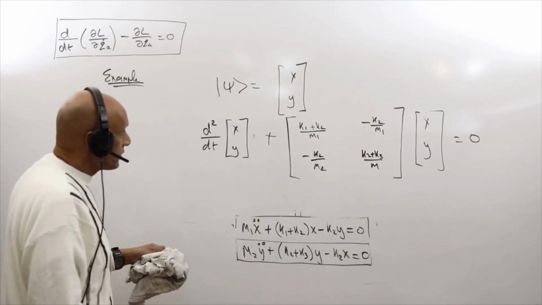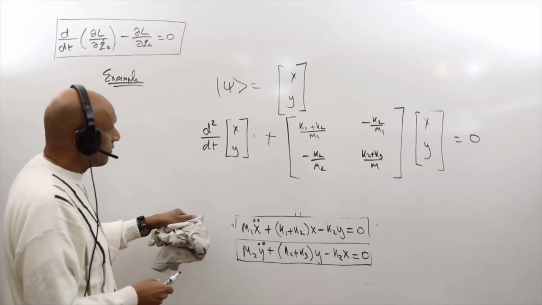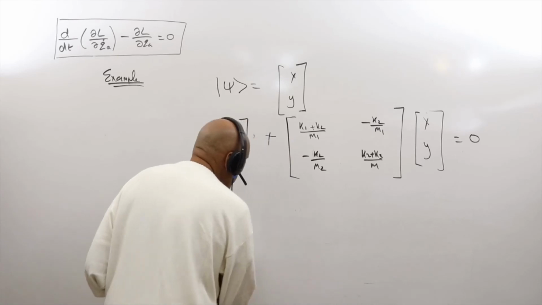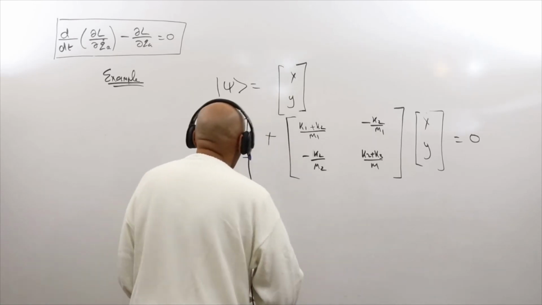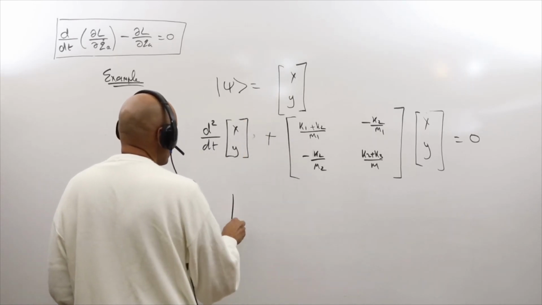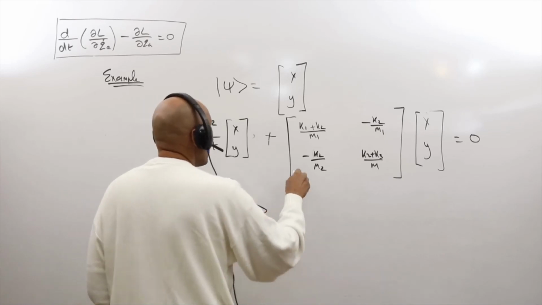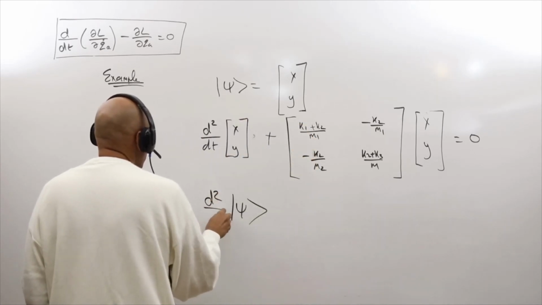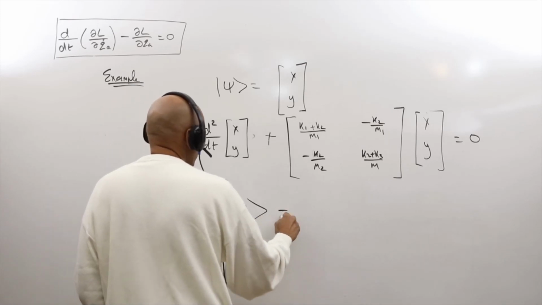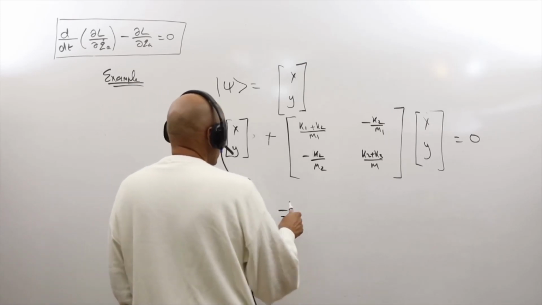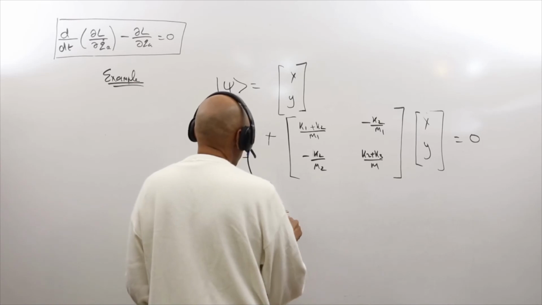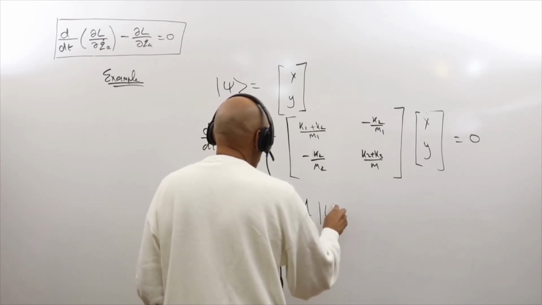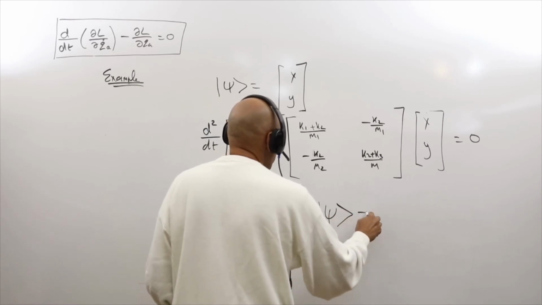So we've taken our second order differential equation and converted it into a matrix form, and later, in our notation, I like to say column vectors are kets. So we can call this matrix A, and so this is the second order derivative plus this matrix, let's call it A, times the ket psi is equal to 0.